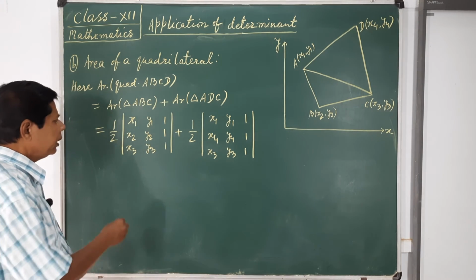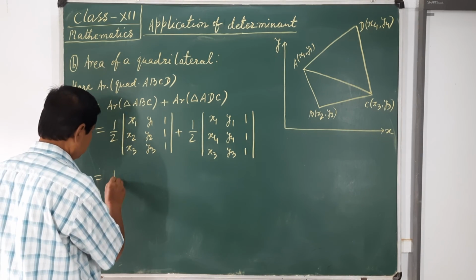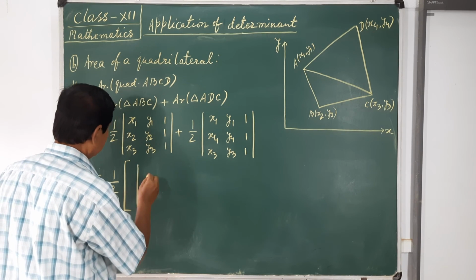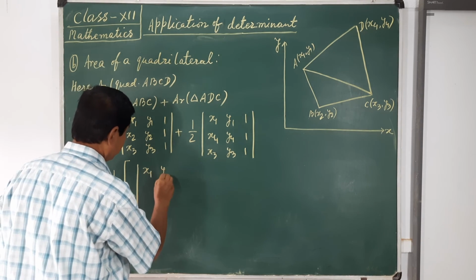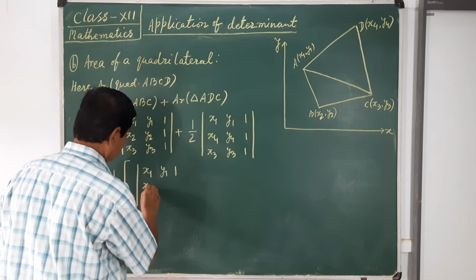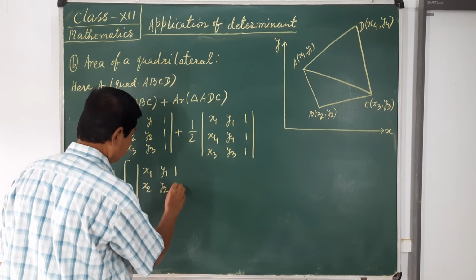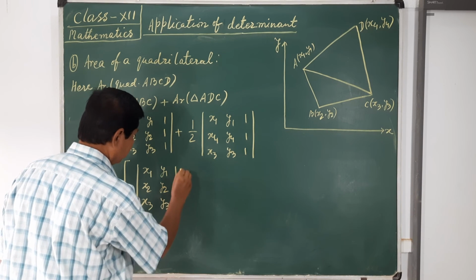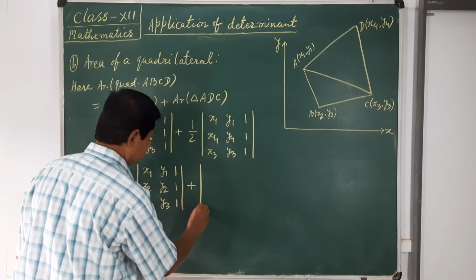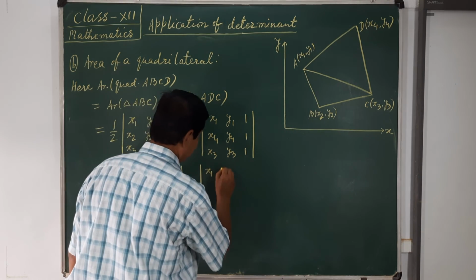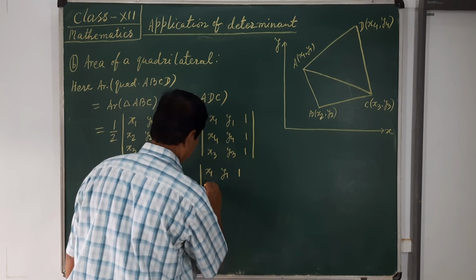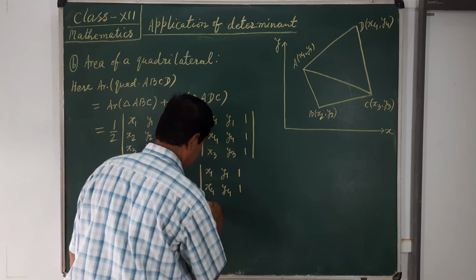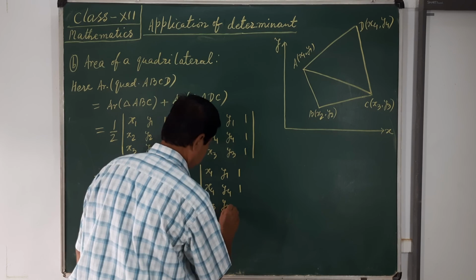So you can take half common, that is equal to half, and put those two: x1, y1, 1, x2, y2, 1, x3, y3, 1, plus the second determinant x1, y1, 1, x4, y4, 1, and x3, y3, 1.